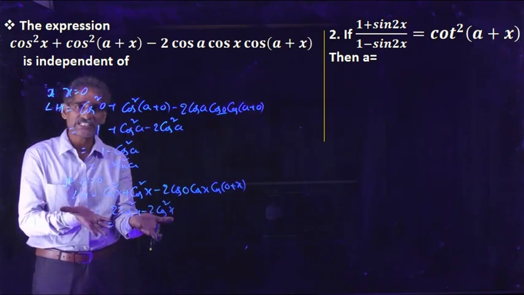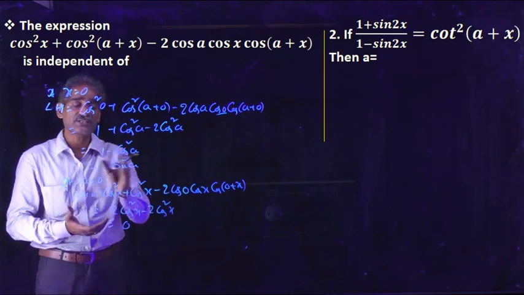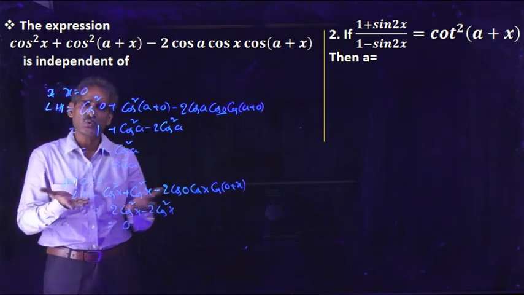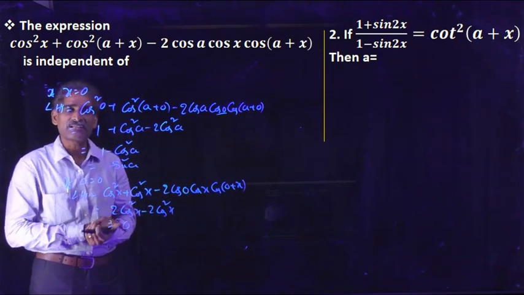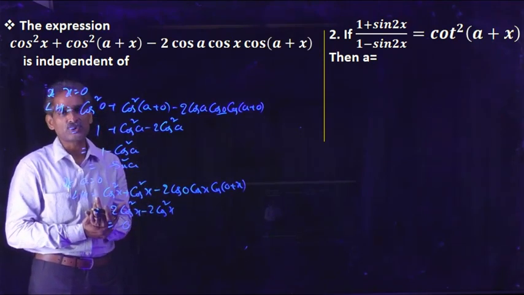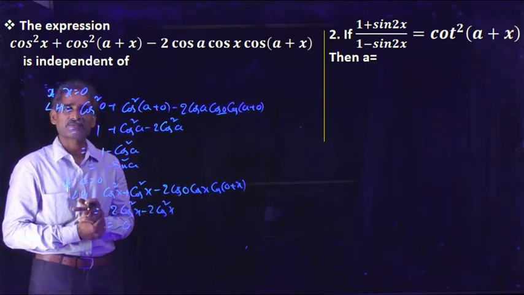So there is no x term also. If you take x equal to 0, we are getting an expression in terms of a. From these two, we can simply say this expression depends upon a, independent of x.